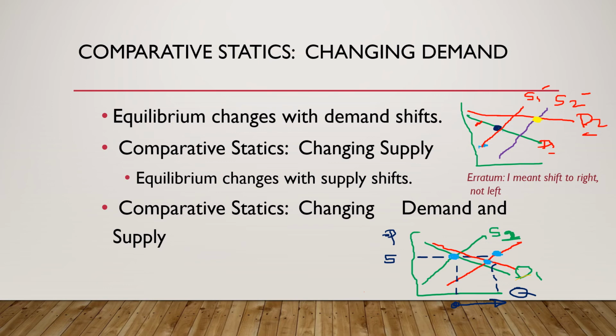But when the shift is quite large, almost the same as the change in your supply from S1 to S2, then the change in the price is ambiguous. It's not clear.